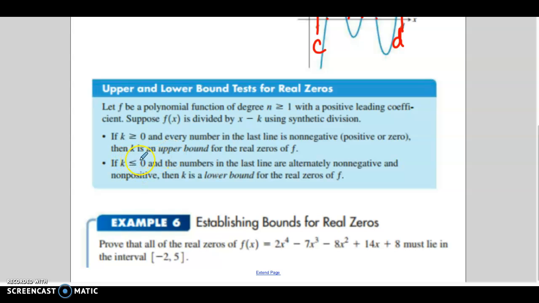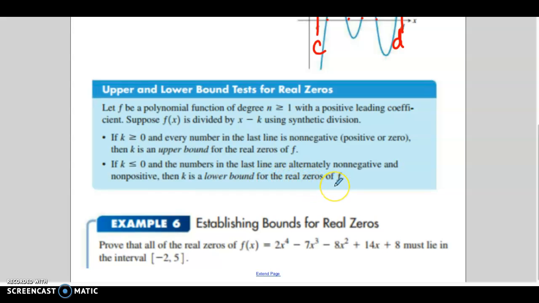If k is less than or equal to 0, and the numbers in the last line of synthetic division are alternating negative and positive, then k is a lower bound for the real zeros of the function.